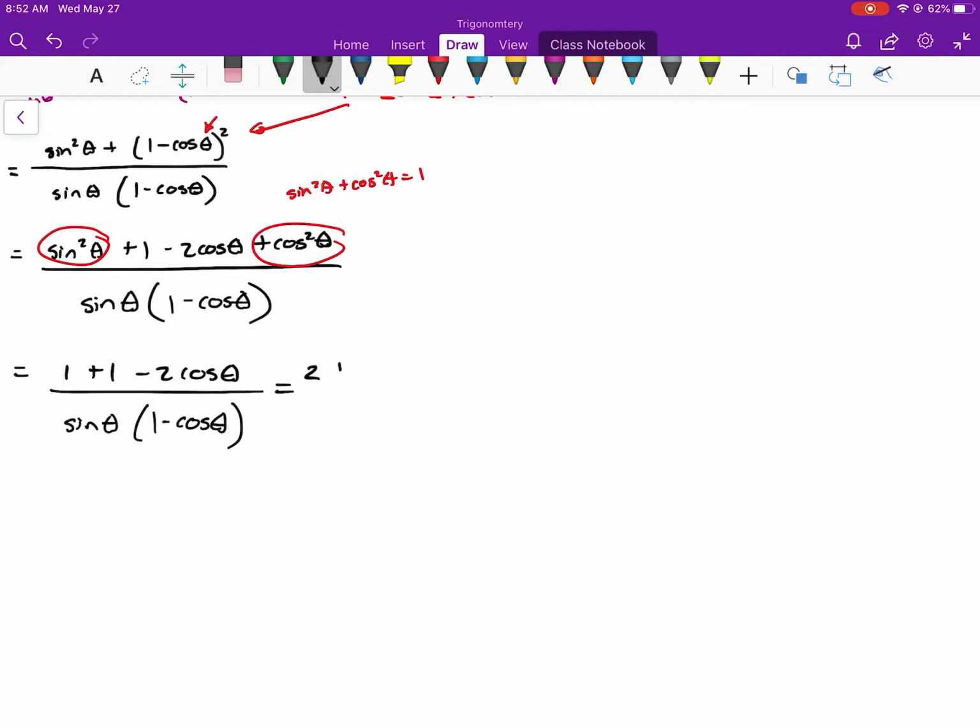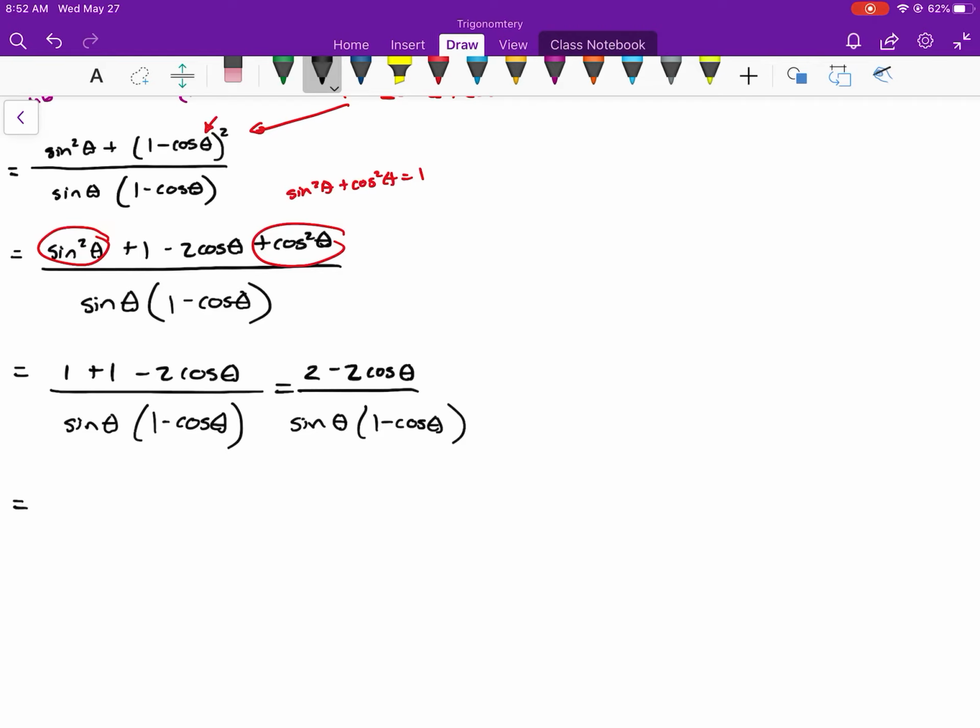You combine like terms, not plus. So 2 minus 2 cosine theta.